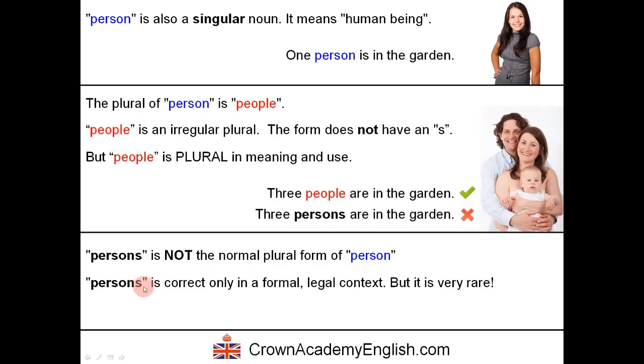This is not the plural form of person. I advise you to use people. So use people as the plural of person. So this is correct, and this is wrong. And this is correct for the singular.